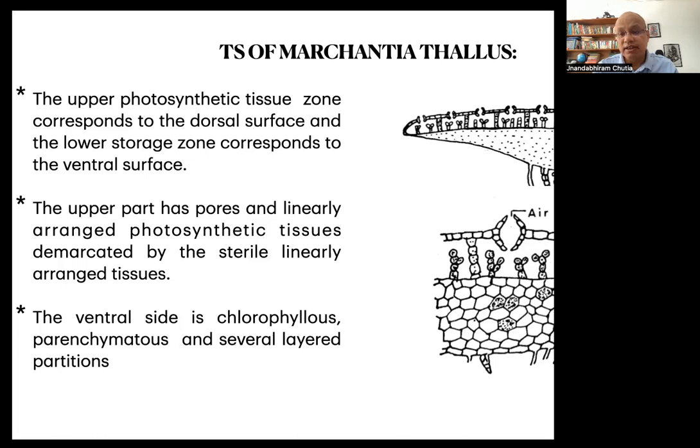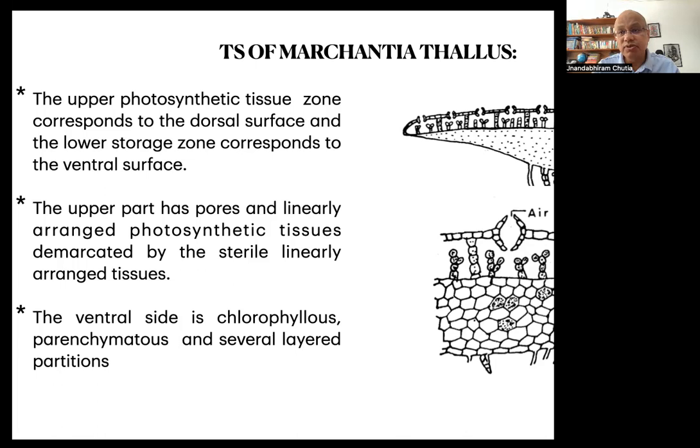These were necessarily called storage cells, and they have mucilage containing cells; certain types of lipid molecules or other secondary metabolites could be stored here. The lower portion is not chlorophyllous. The ventral side is achlorophyllous rather, and it will be parenchymatous in nature.